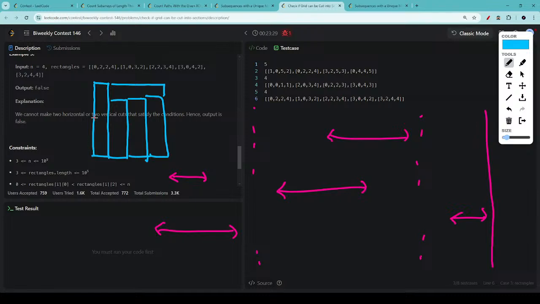Sorry, 0, 2, and 2, 4. Yeah, they look something like this. So in this example, for instance, there's no way you can cut this. You cannot make 2 cuts such that they break up the rectangles into 4. No, this is not correct. So 0, 0, 2.